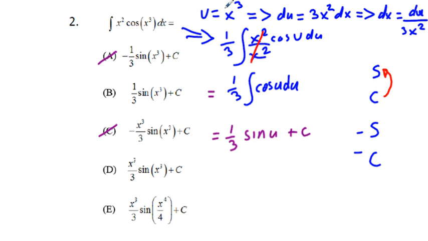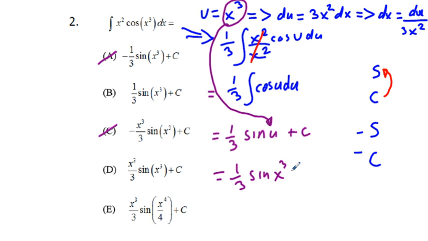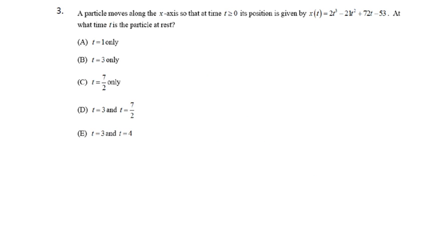I'm going to take this x cubed, excuse me, and replace that u right here. So what we have left is 1/3 sine x cubed plus c. So that's going to be answer choice D. Okay.